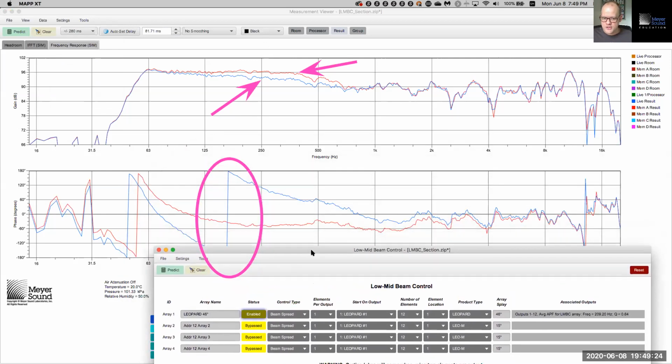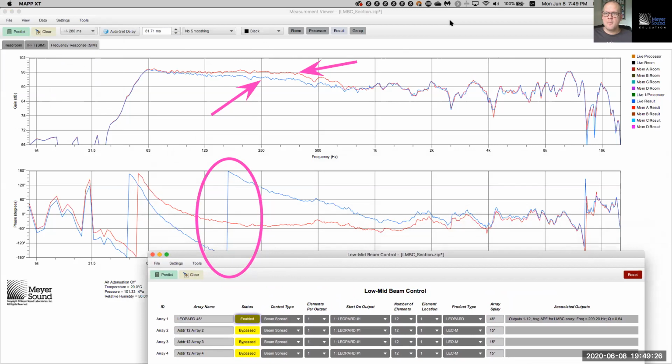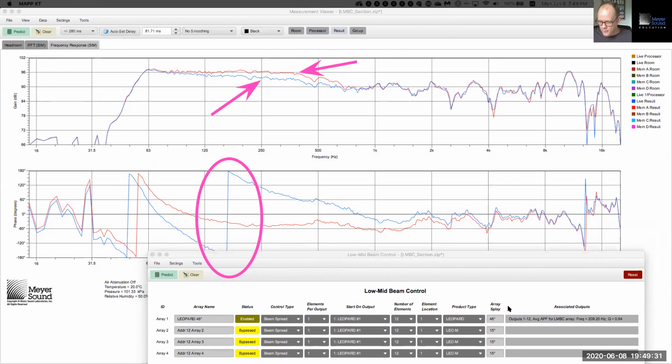Notice that it says if you apply an all-pass filter to the output of any loudspeaker that is not part of your Leopard array, using these parameters, which show you the corner frequency and the bandwidth of the all-pass filter, then your X20 or your Ultra X40 will once more be phase compliant, even when using LMBC.